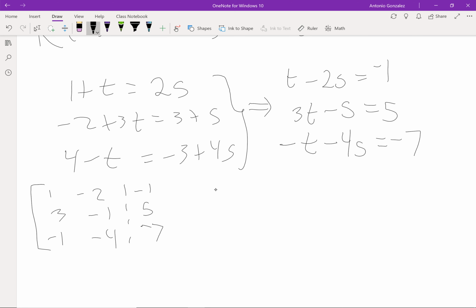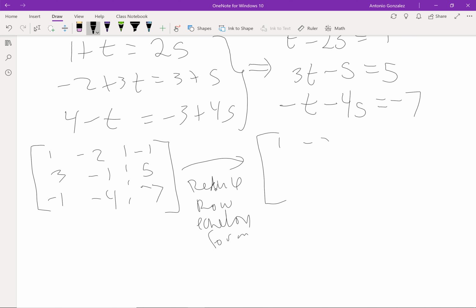Then I like to plug this into a calculator and put it in reduced row echelon form, usually on my TI-84, although there are online calculators that will do this for you. After it performs all these matrix operations, here we'll have 1, negative 2, 2, 0, negative 6, negative 8.